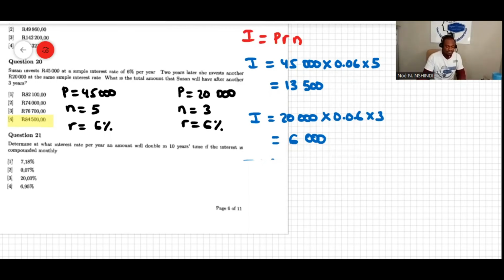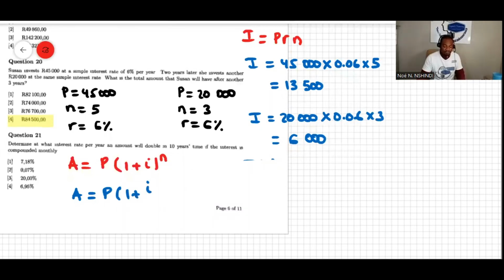So the formula is A equals P open bracket 1 plus i to the power of n. So A will be equal to P open bracket 1 plus i.